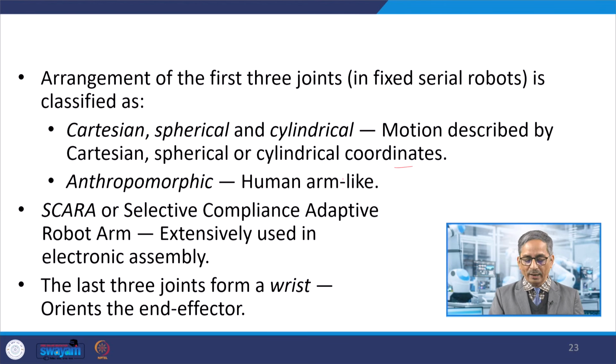And if we have a human arm like look, then we call that an anthropomorphic robot. Then the SCARA, which I just spoke of, or selective compliance adaptive robot arm, is very extensively used in electronic assembly. And the last 3 joints form the wrist, and these are used to orient the end effector.